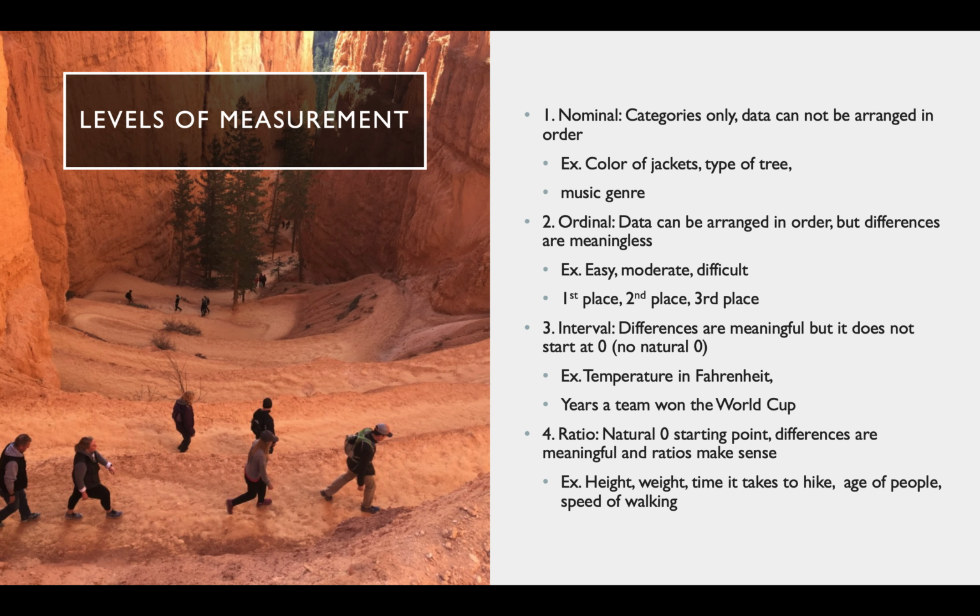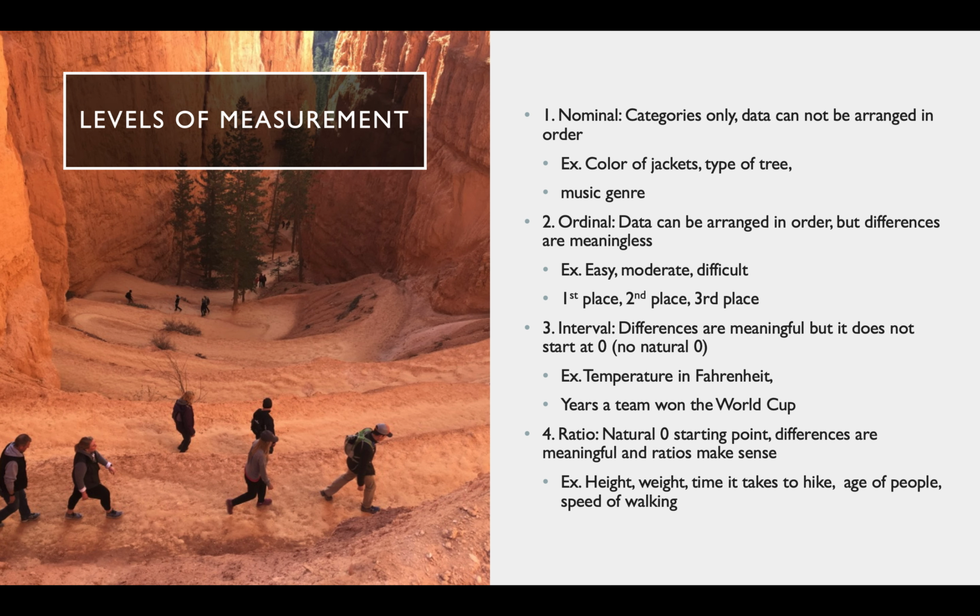So these are just nominal. The type of tree, if we have an oak tree or a pine tree, you can't put those in any order numerically either. Another example would be a music genre. Pop music, alternative, rap music, you can't put these in any numerical order either. So those would just be categories, they would just be nominal.